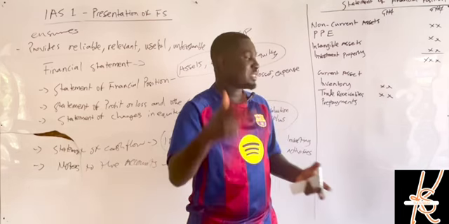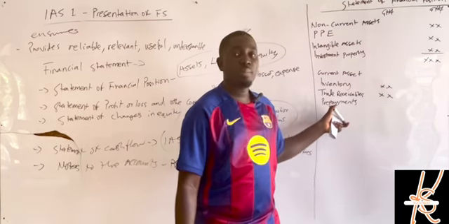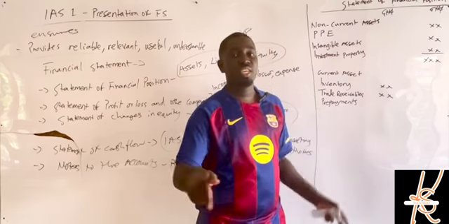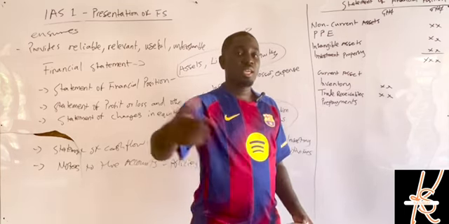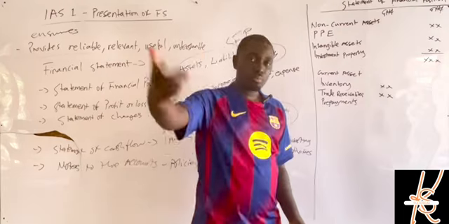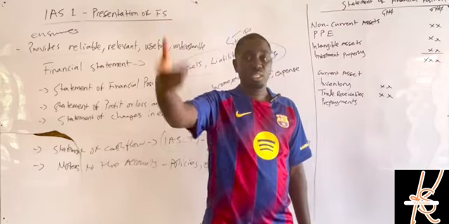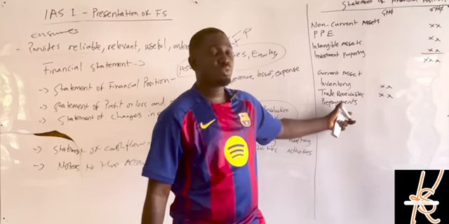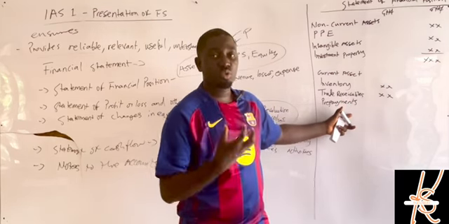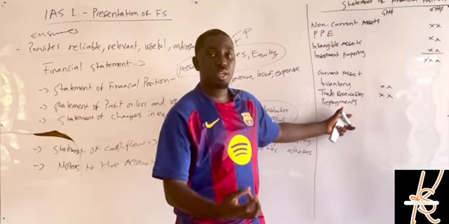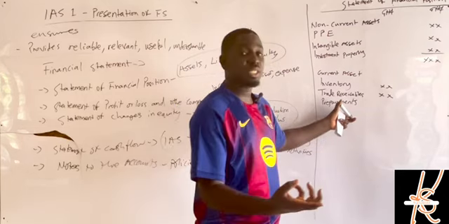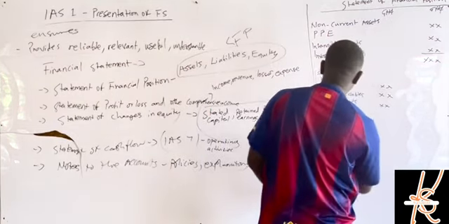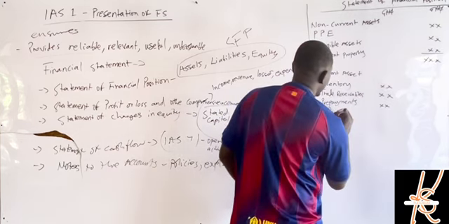That 3 months advance becomes an asset to you, but you consume it in the first 3 months of the year, so it will not go to the other reporting year. By the end of the reporting year, you would have consumed it. So we capture that as a current asset because you use it before the reporting date gets there. So we have that one here too. We have our cash and cash equivalent.